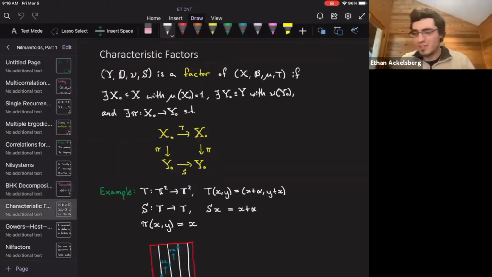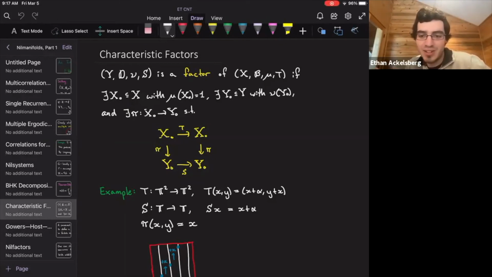So let me go back now to thinking about characteristic factors. And before I talk about them more, I just want to make sure that I'm explaining what a factor is. If I'm thinking about a system as a factor of another system, that means essentially that I have this commutative diagram.